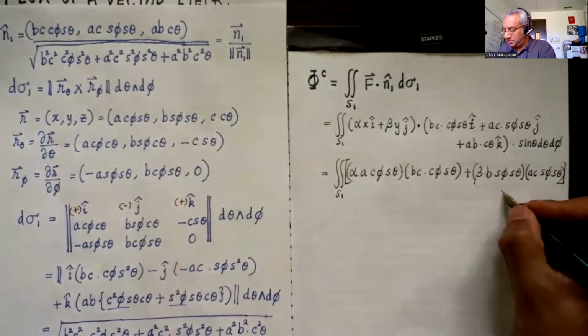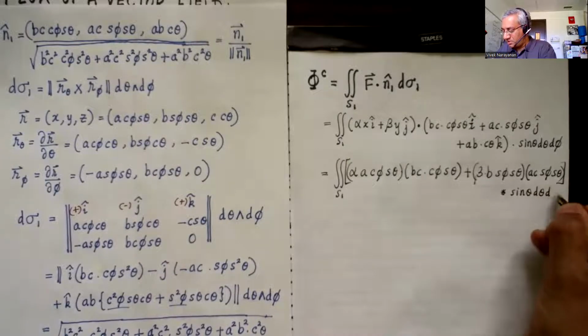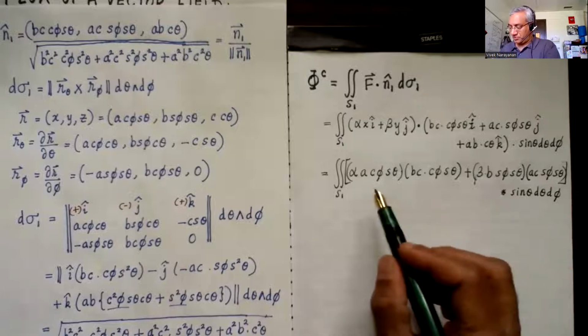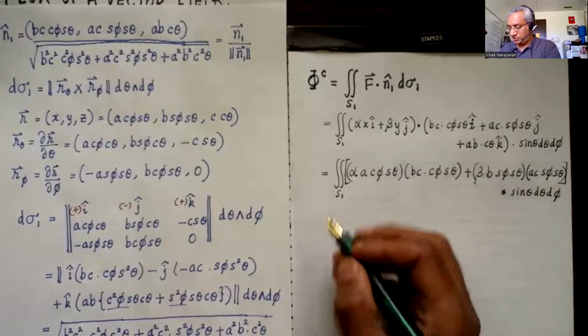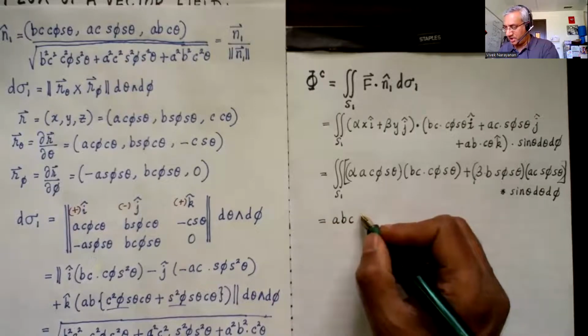The whole thing multiplied by sine theta d theta d phi. All right. Now you'll notice that there's A, B, C here, A, B, C here. So you get A, B, C outside. They're just constants, can be brought outside.